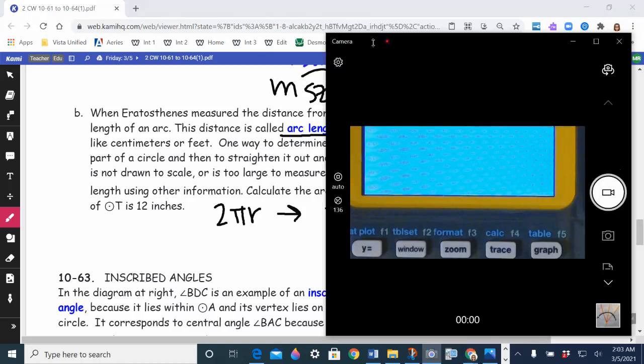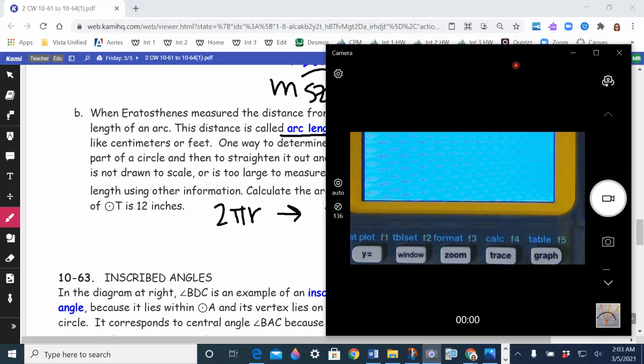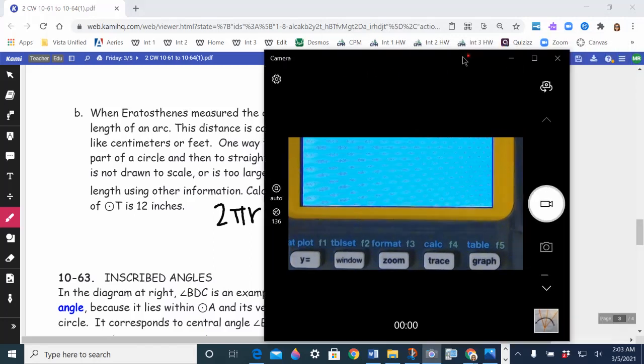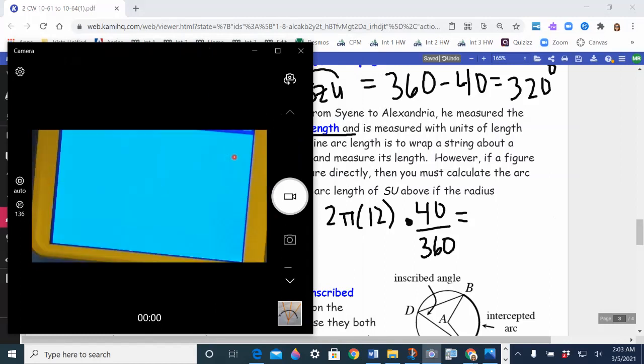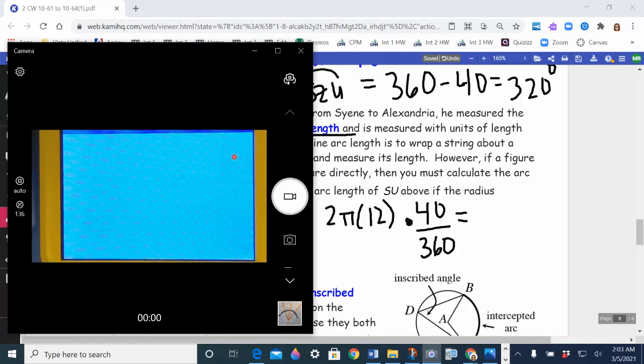And so if I put that into my calculator, I am going to start with my 40 over 360 times 2 pi times 12.